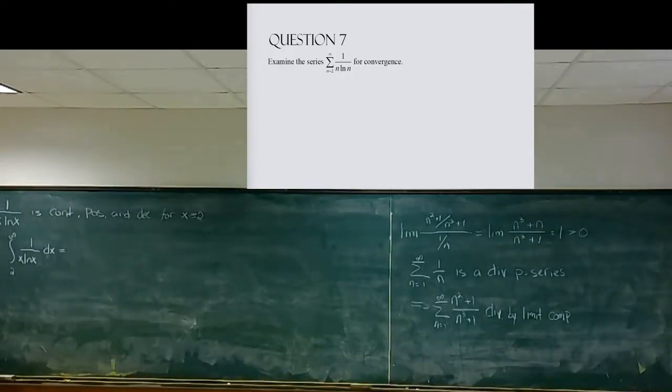This is improper. Replace infinity with b and take the limit as b approaches infinity. I'm too lazy to write that out, so I'm going to keep the infinity, and it's going to be an implied limit.